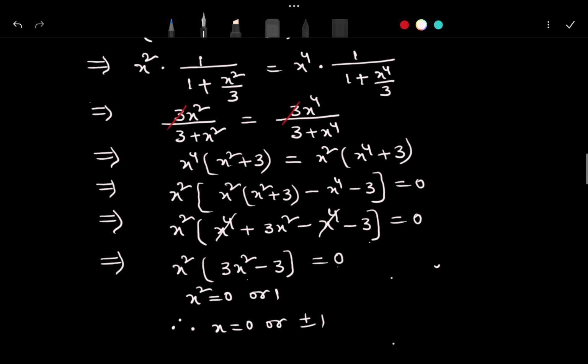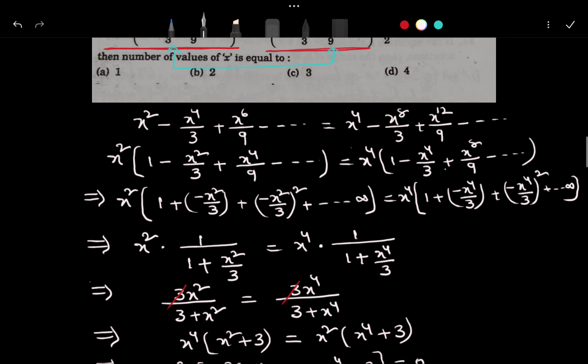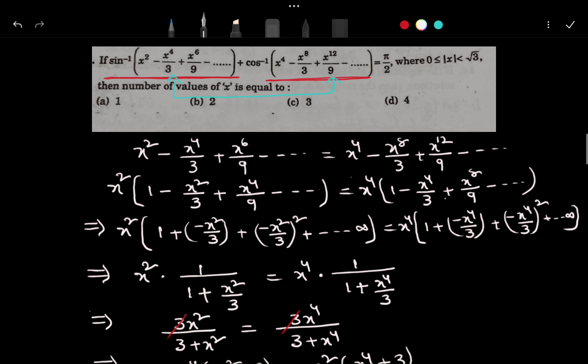So totally, the question is here: you see in this one, first you observe what is the condition. Modulus of x is greater than or equal to 0 and less than root 3. So this value will be nothing but minus root 3 is less than x is less than root 3.